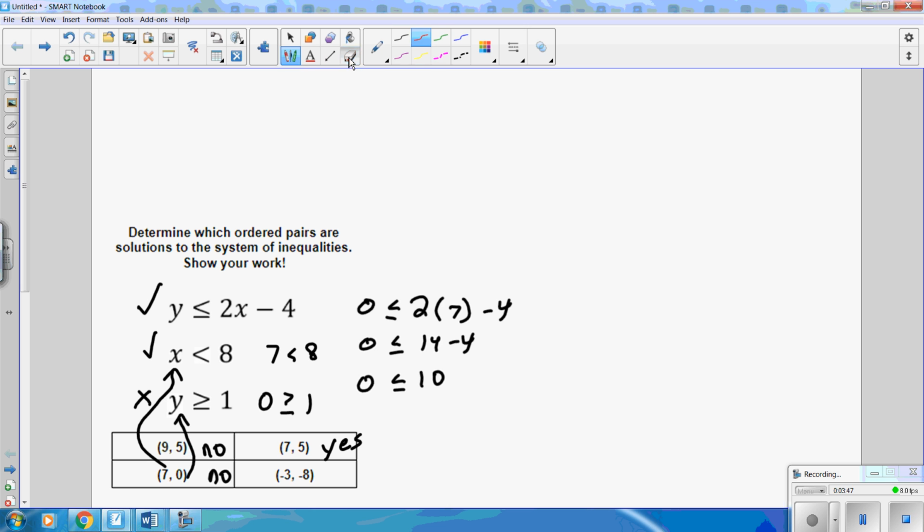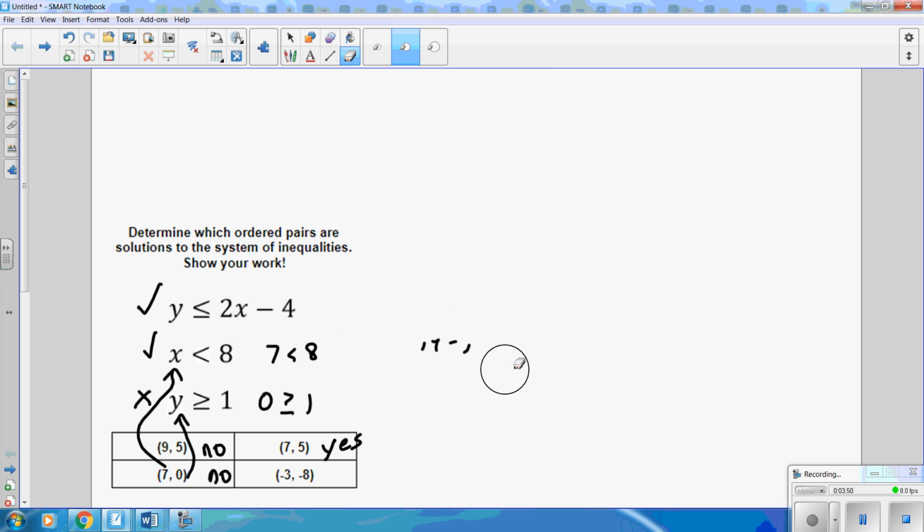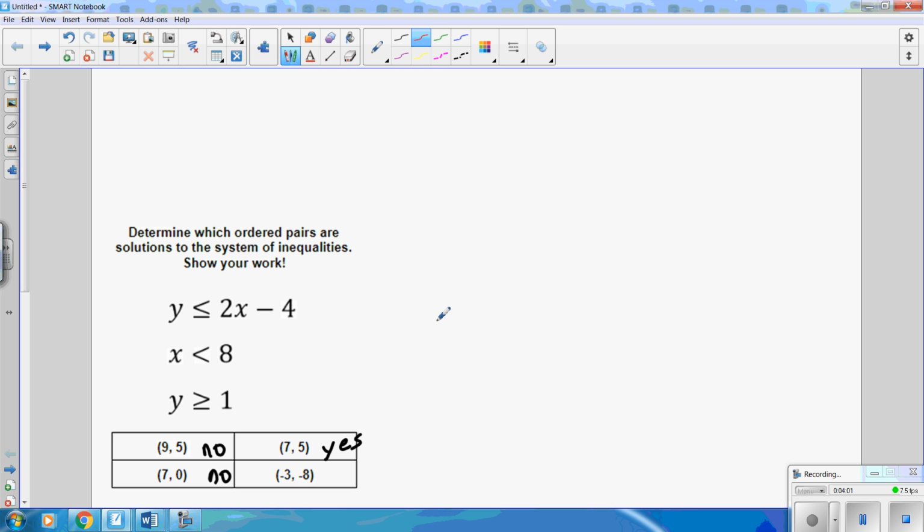Okay, so now the last one, we're going to plug negative 3 in for x, and then we're going to plug negative 8 in for y. So now, let's take negative 8, plug it in for y right here. So negative 8, less than or equal to 2, and then for x, we're going to plug in the negative 3, and then minus 4.